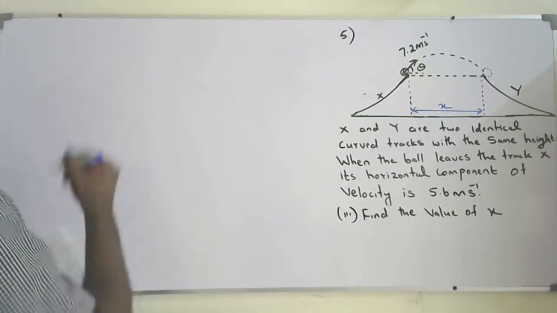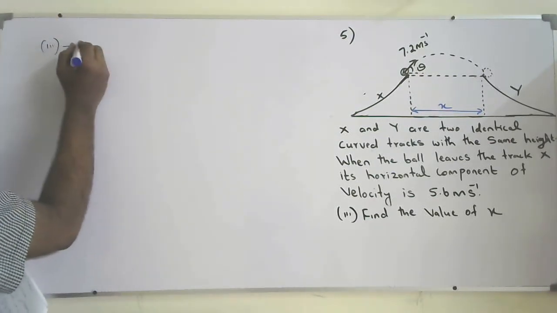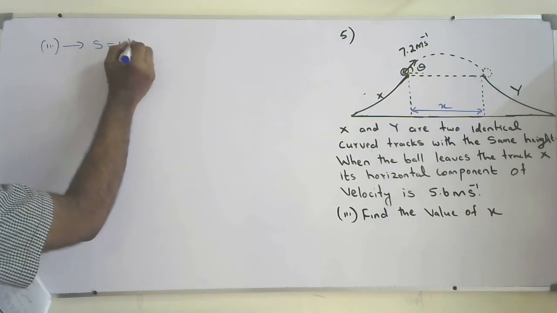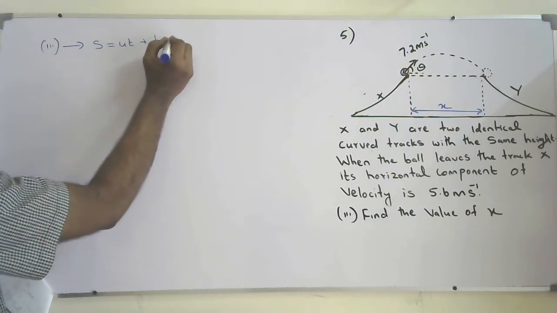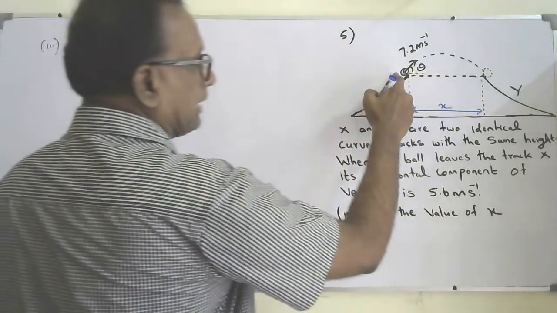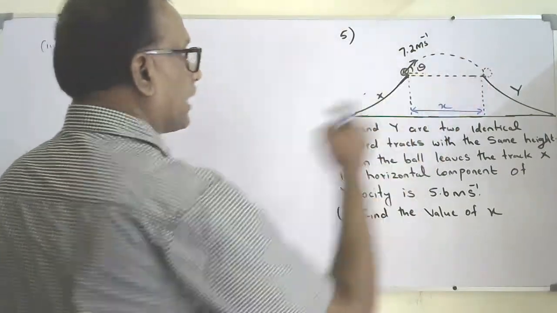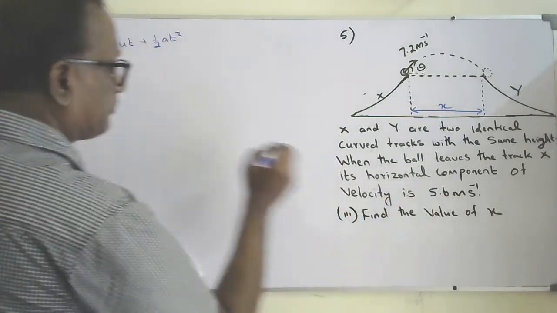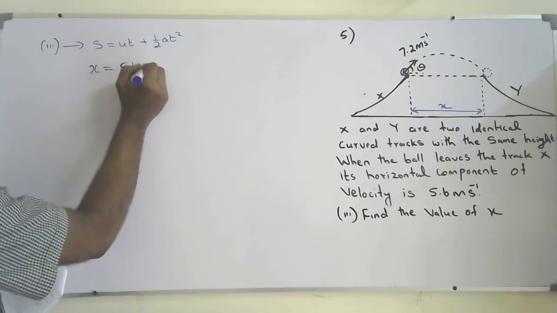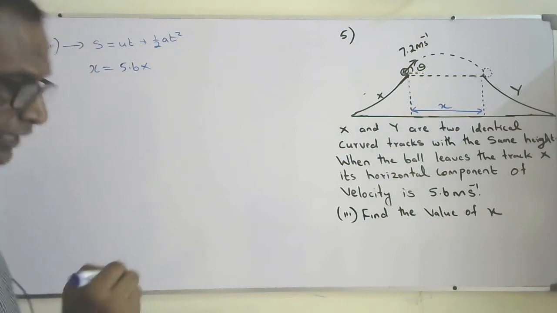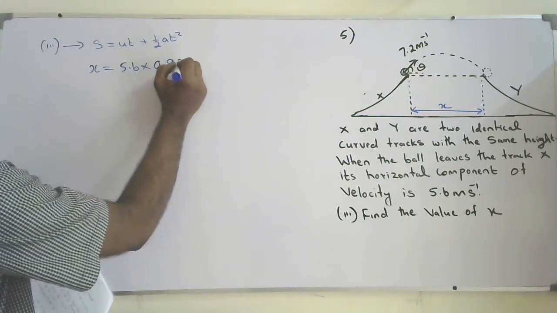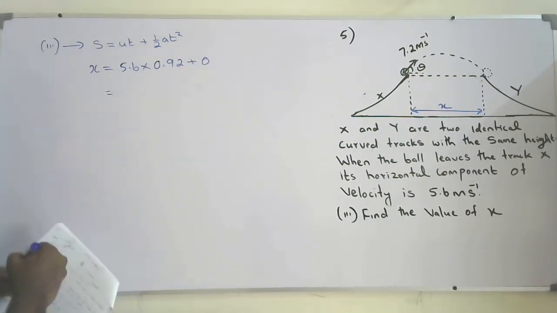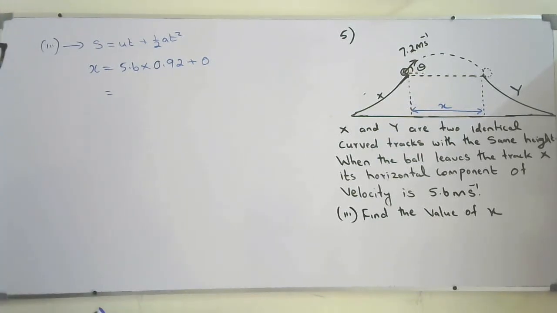Horizontally, I can use s equals ut plus half at squared for the motion from the edge of the curved track X to Y. So x is equal to the initial horizontal component of the velocity, 5.6, into the time we found just now, 0.922, horizontally no acceleration. Solve it. You will get the answer 5.15 meters.